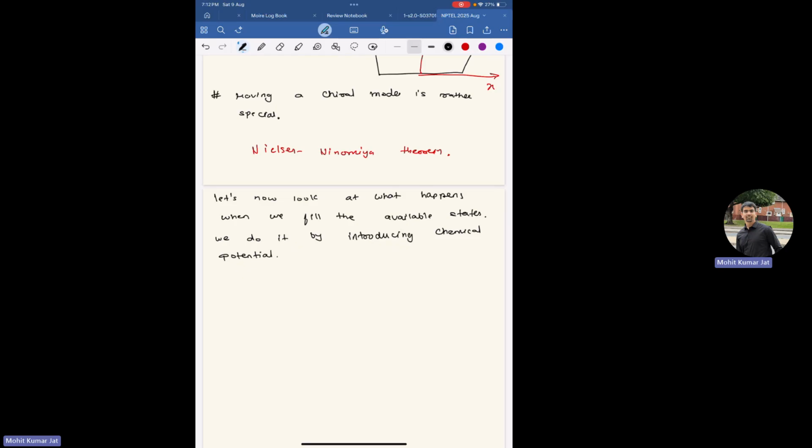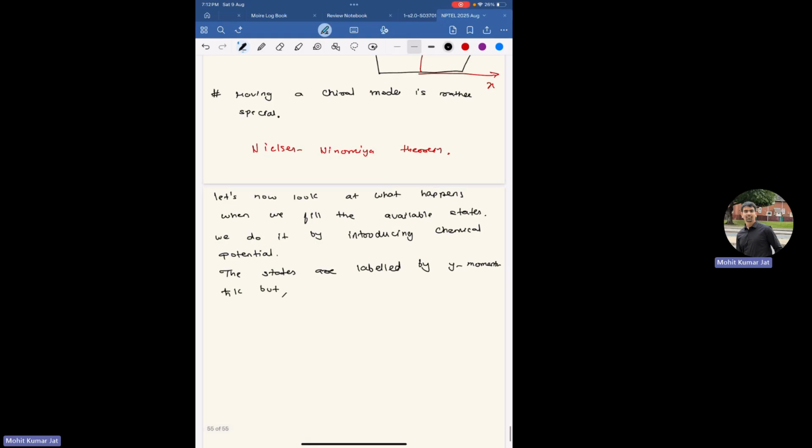The states are labeled by the y momentum h bar k, but as we have seen, this can equally be thought of as the position of the states in the x direction. This means that we have justified the filled states like this basically.